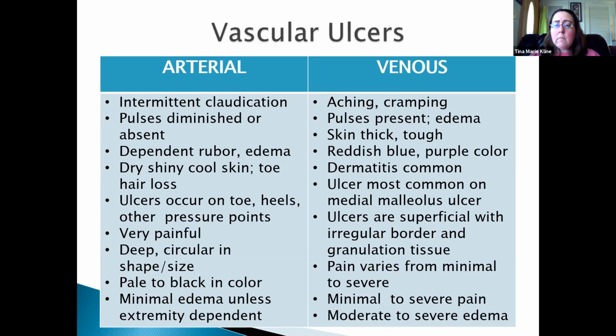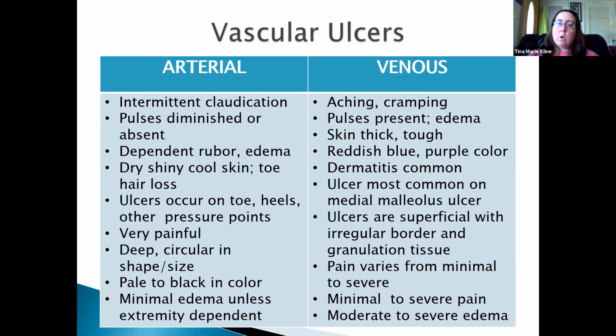Now, again, regardless of what we're talking about, an arterial or a venous ulcer, our goal is going to be to reestablish skin integrity. So we want to promote wound healing. Part of that, as part of every nursing care plan that you ever do, you're going to have interventions that will probably be similar, arterial and venous, but you need to have an intervention that addresses the cause of the problem.